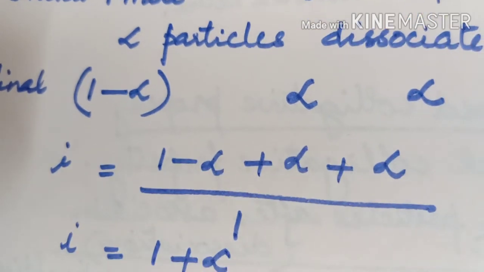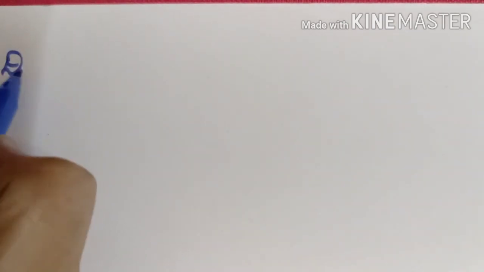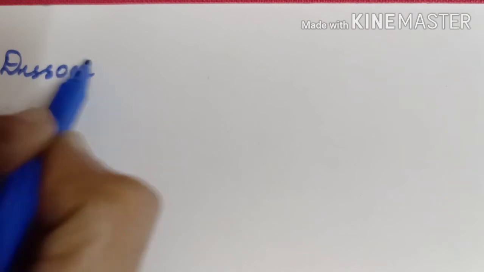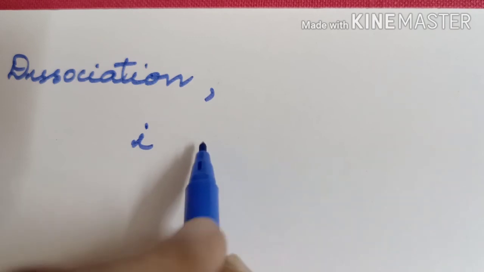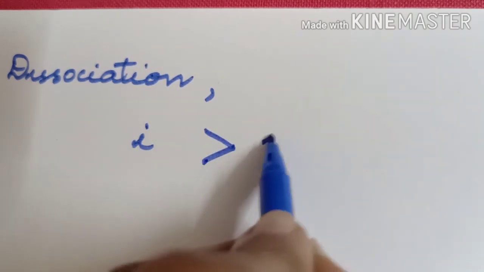This is how you find the Van't Hoff factor in the case of dissociation. In the case of dissociation, we can generalize that the i value is always greater than 1.